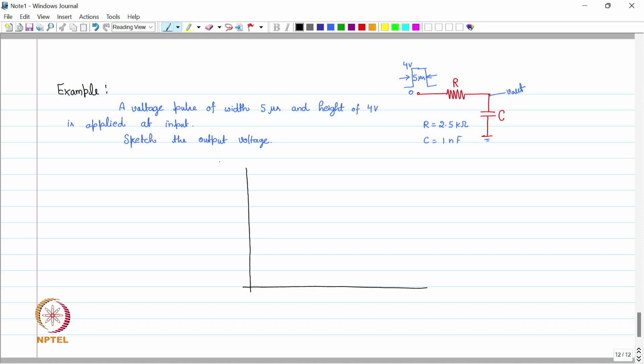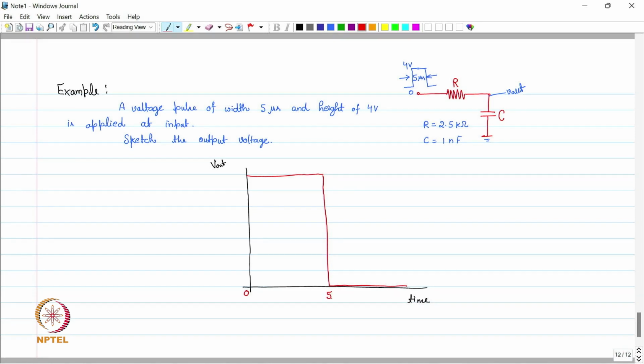We have this V out with respect to time, and the input is 0 at 0, and the pulse is applied at t equal to 0, which is at 4 volt, and it goes down to 0 at 5 microsecond.